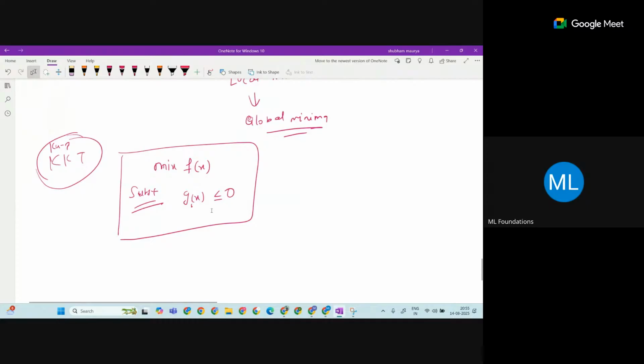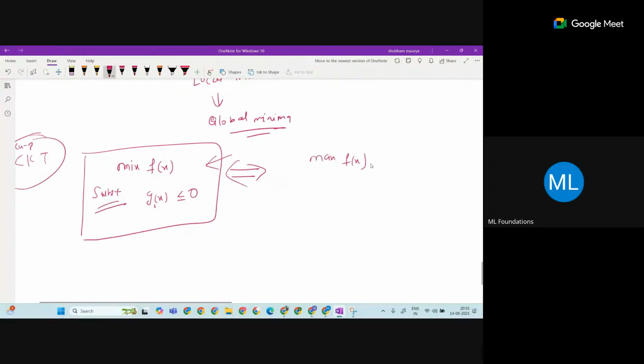Any problem could be converted into this fashion. If you have a maximization problem with some other constraint, you can write the minus of f(x), and it will be changed to minimization.